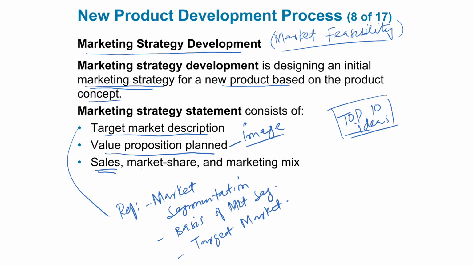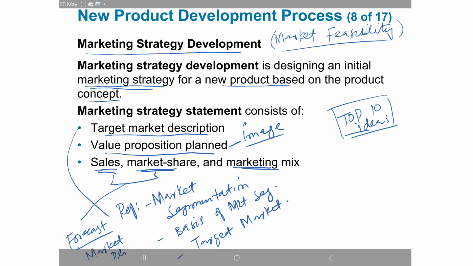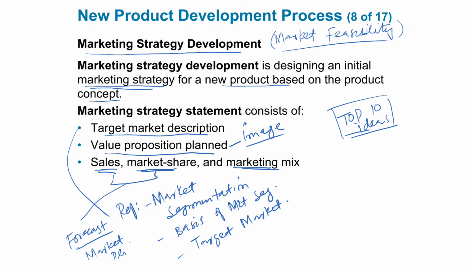Then the forecasted sales, the market share, and the marketing mix. The forecasted sales, please pay attention to this one, the forecast, because you are launching. You have not launched the product yet. That's why in the marketing plan, there's a very crucial part: your sales, your market share.